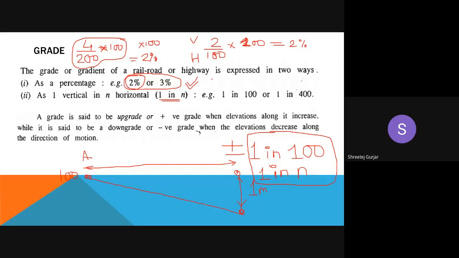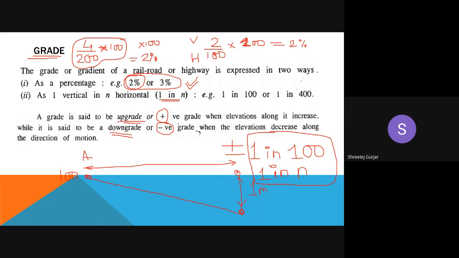I hope you have understood what is meant by a grade. Plus is used for upward gradient, and if it is a downgrade or downward gradient, we use the negative sign, depending upon whether you are going upward or downward. So this is regarding gradient of a vertical curve.